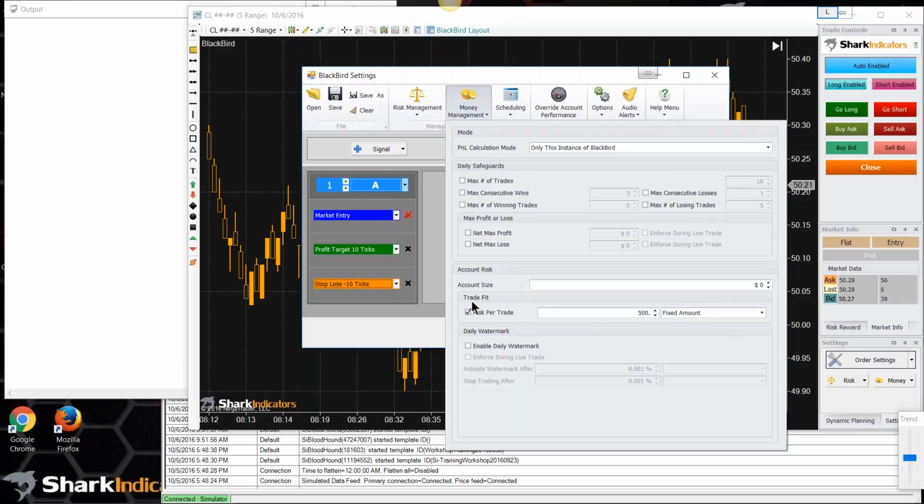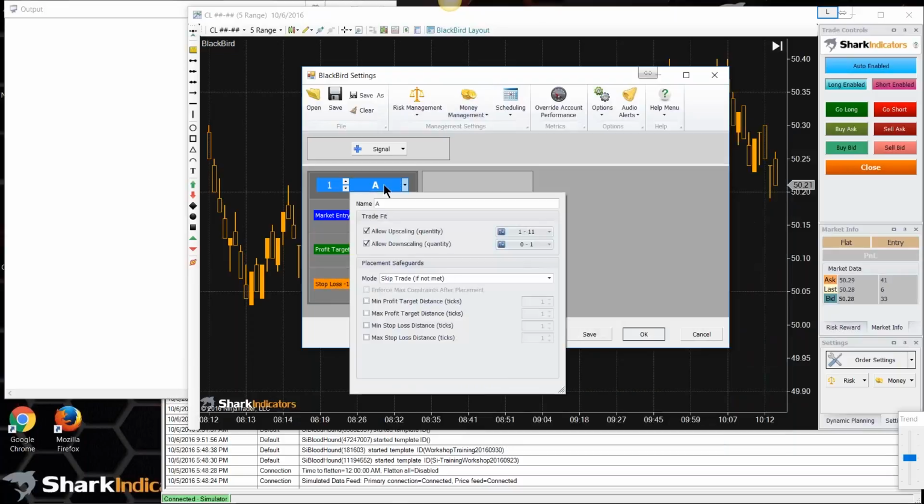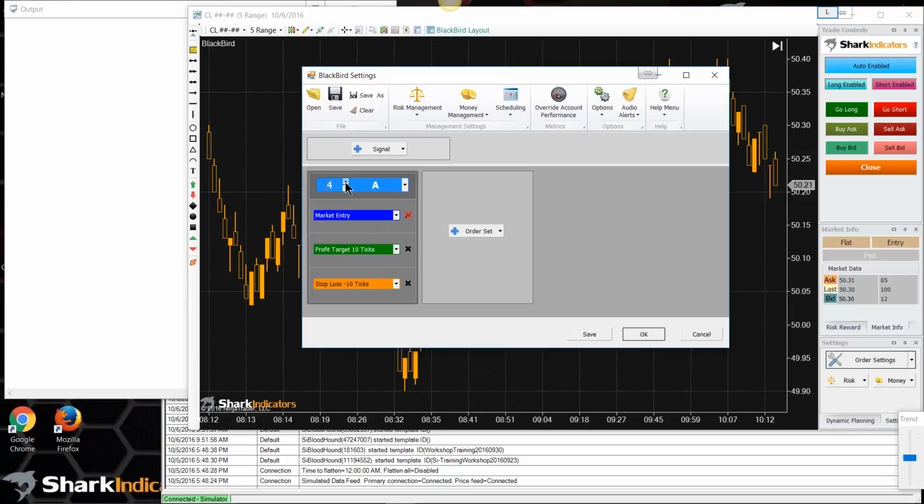And right, so with that trade fit, there's also, in the OCO order set, this trade fit, as the name implies, you can allow the number of contracts to increase or allow the number of contracts to decrease for downscaling or upscaling. So let's put in something a little more reasonable.